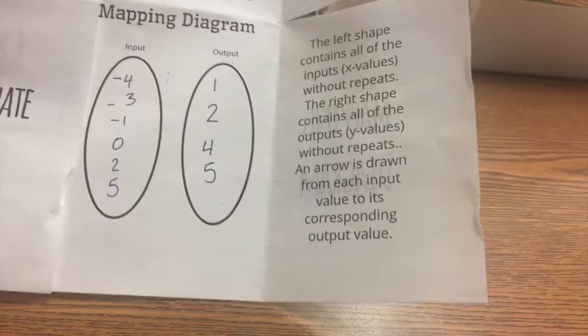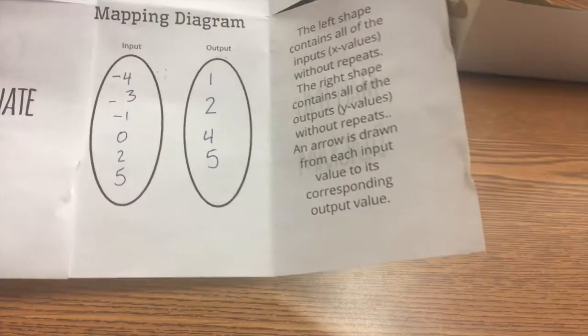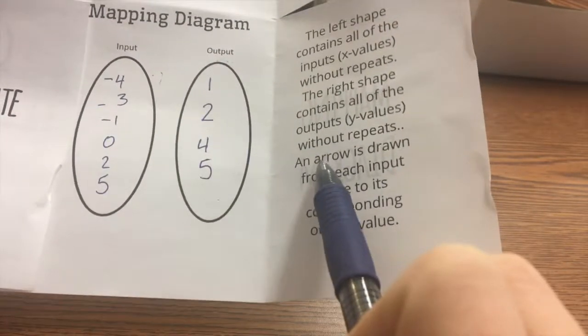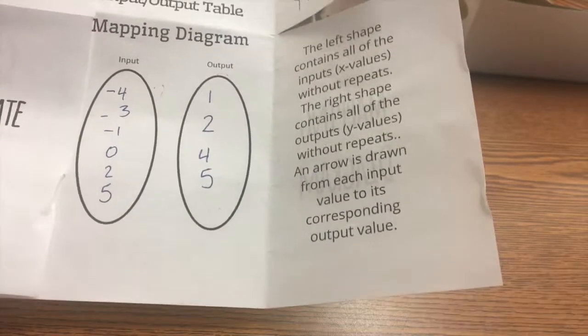At this point, you might be kind of confused because there's no way that we connect which input goes with which output. That's where this part comes in. An arrow is drawn from each input value to its corresponding output value.